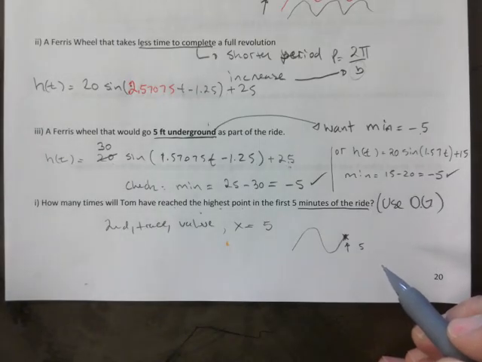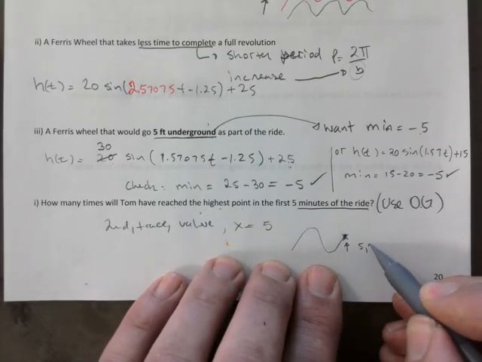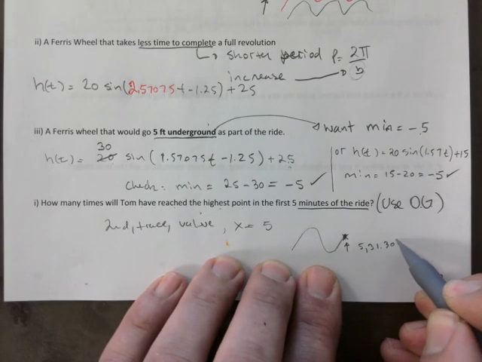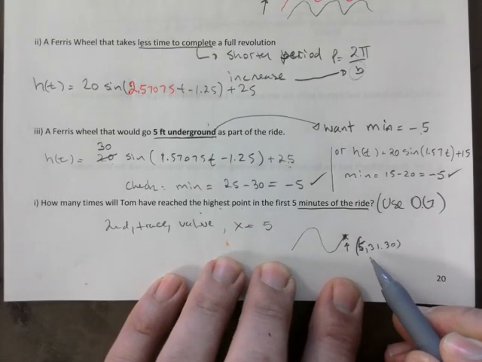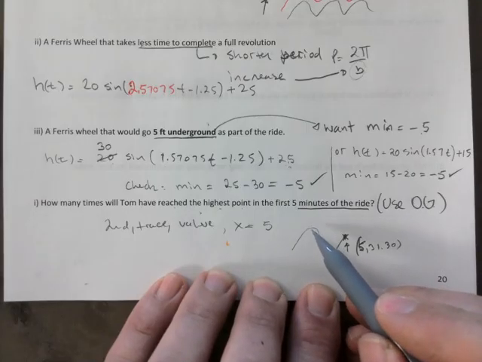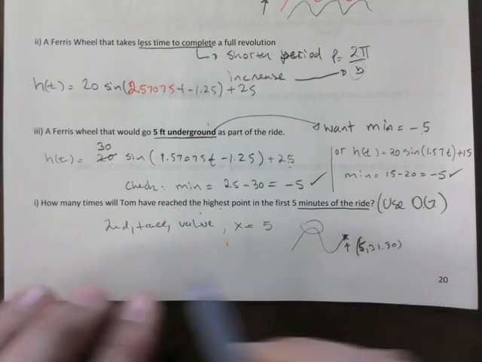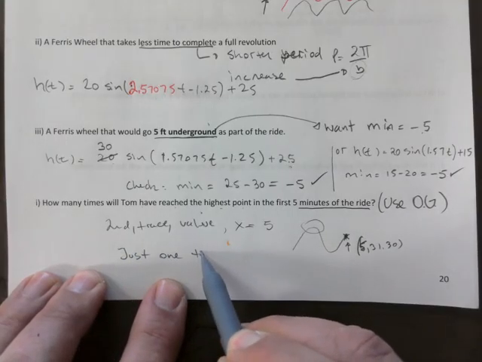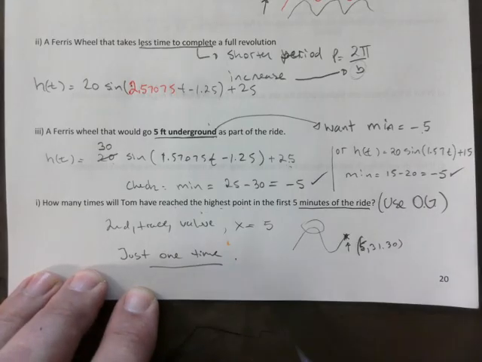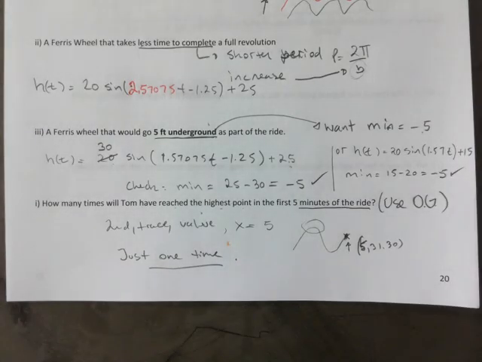How high am I at 5? 531.30. That's the point I found. So it's just once. Just one time. So if they ask you things like that, there's ways you can use technology to help you out.